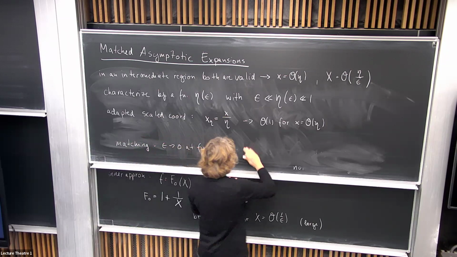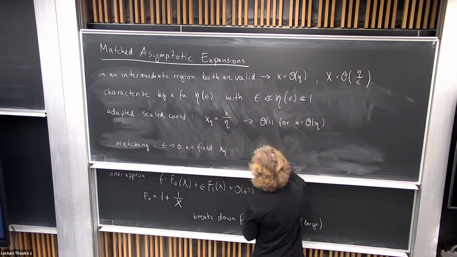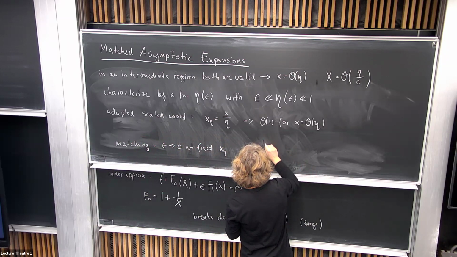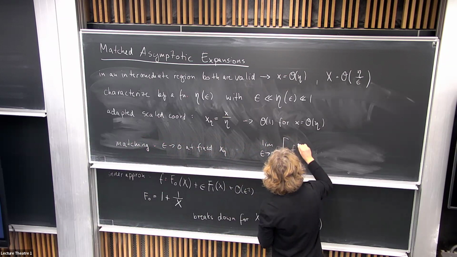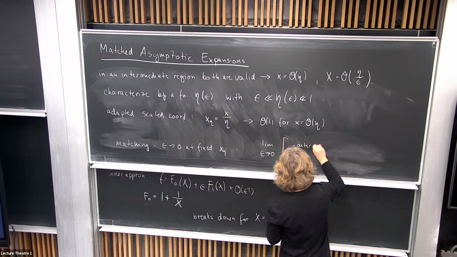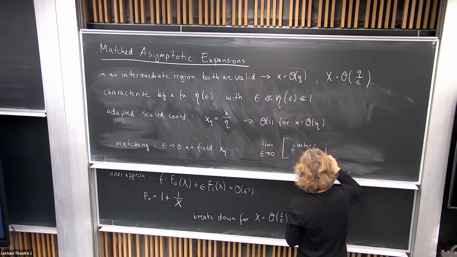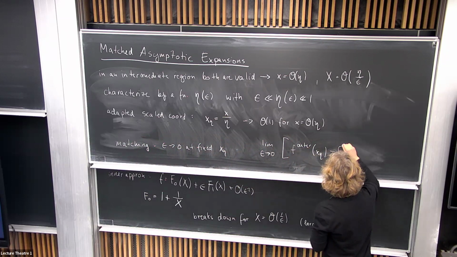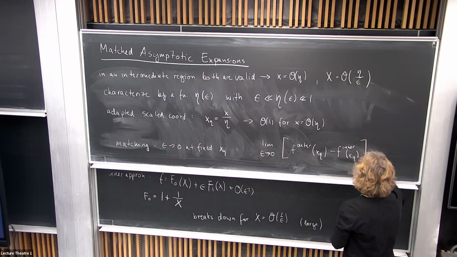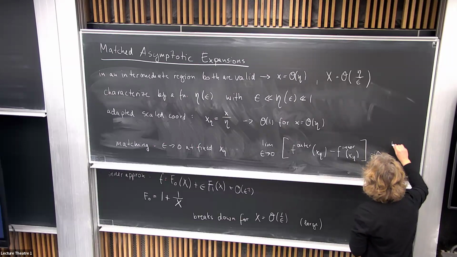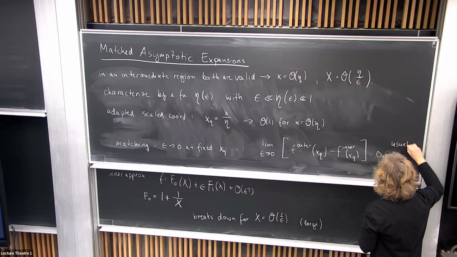Formally, we take the limit epsilon goes to 0 of the outer approximation minus the inner approximation, expressed as a function of x eta, and this should be 0, usually, as we said, only to some order.